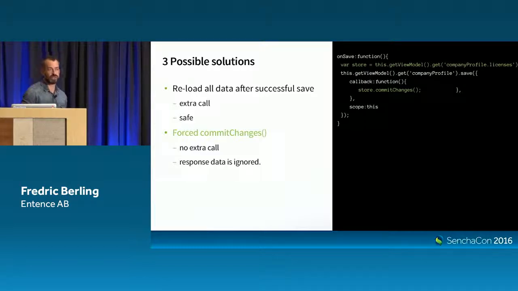Or you could call commit changes on the store, just to close the dirty markers without realizing any data. You can do that with the commit changes command in the callback. This will mean no extra call, but there is really no data realized in that store.